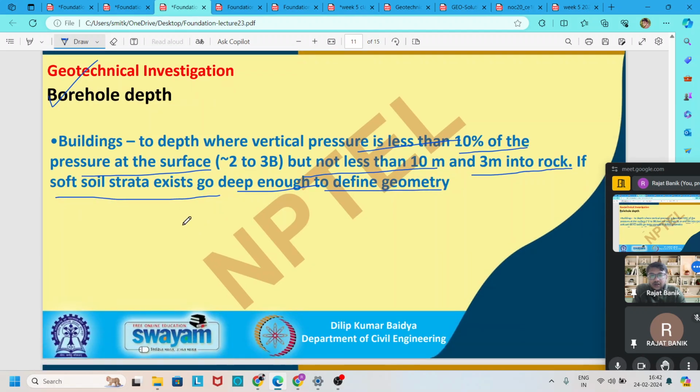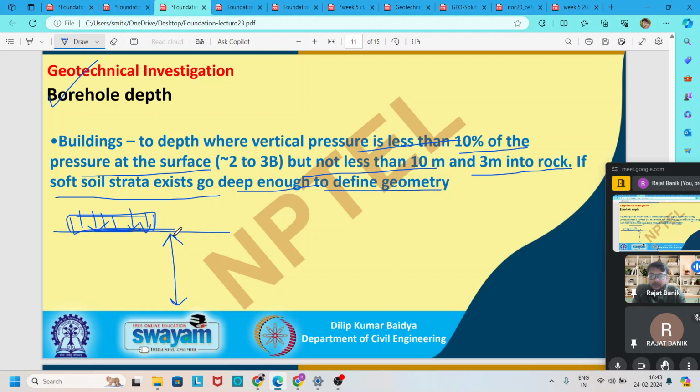That means for a building built above a soil layer, the depth of boring should be at a depth where the vertical stress is 10% of the vertical stress at the ground surface. That means for this building, there may be a load on the ground surface, and by this load, stress will develop at the ground surface.